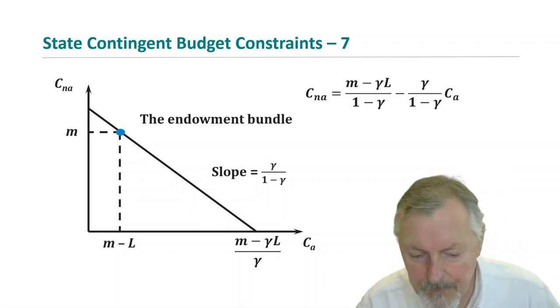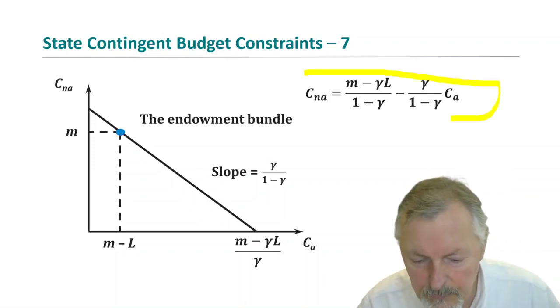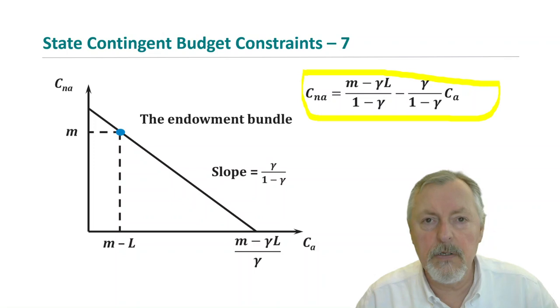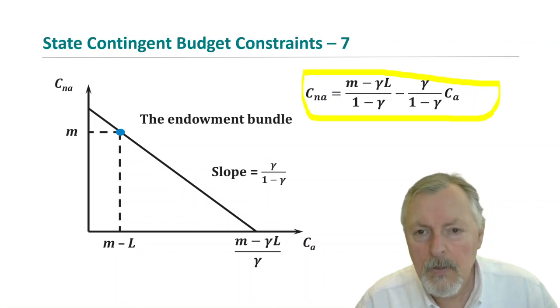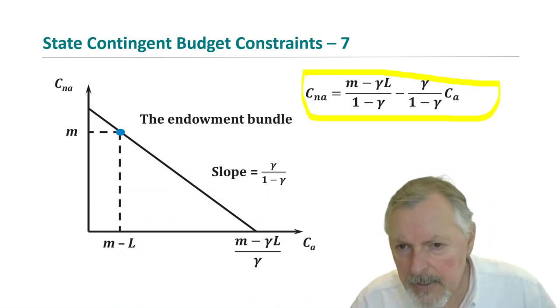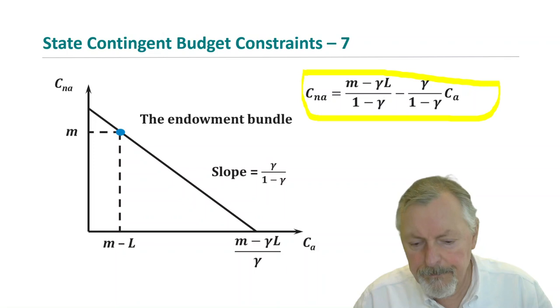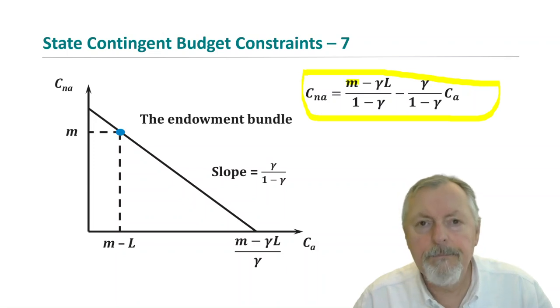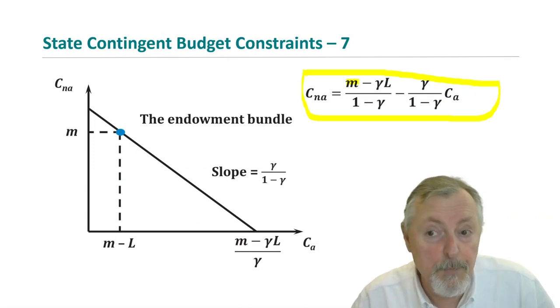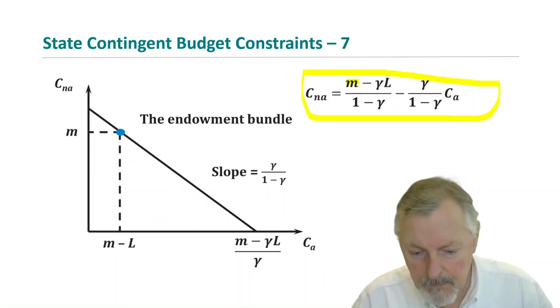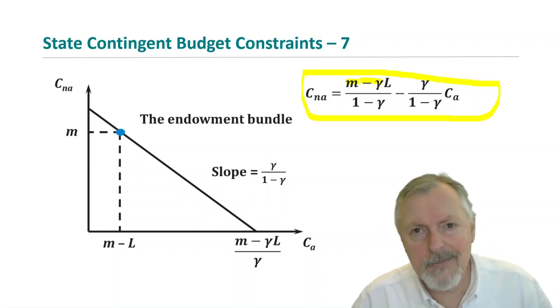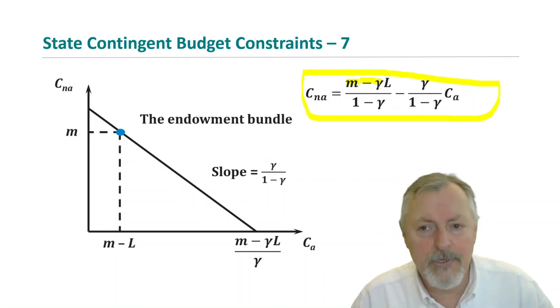Up here, this is what we just constructed in the last slide. But look at how this thing is structured. M, that's your income. That's an exogenous variable. It's just a number. Minus gamma, that's the premium rate. You don't control that.